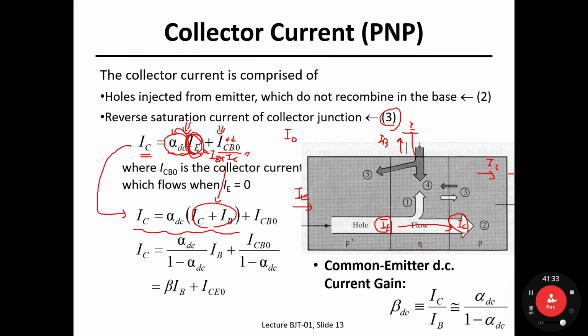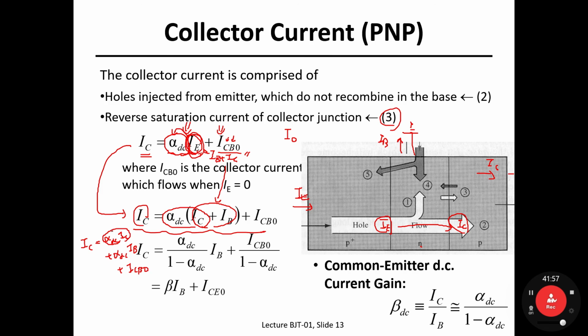And from this equation, let's do one more thing. This IC, right? Let me write down here: IC is equal to alpha DC IC plus alpha DC IB plus ICB naught.